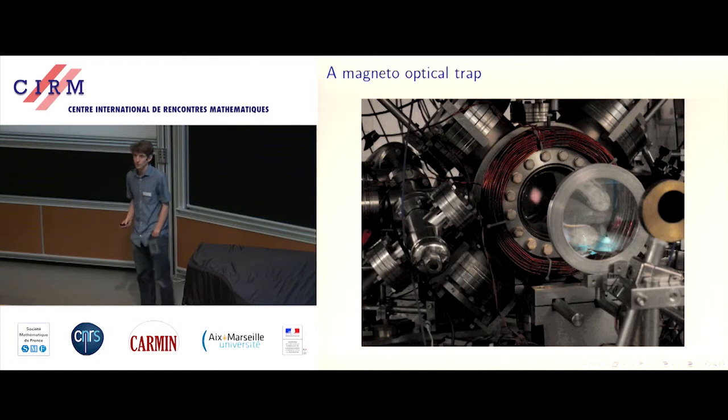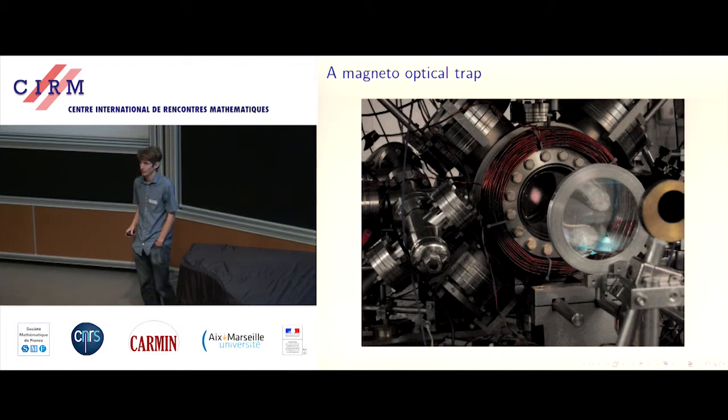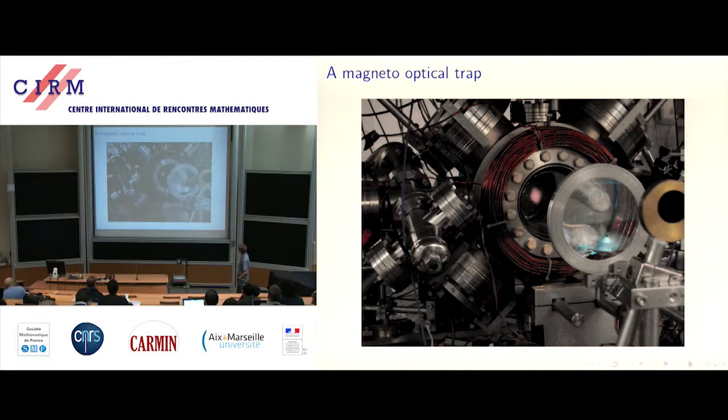So here's a big picture of this experiment. There is no scale, sorry about this, but it's a tabletop experiment, a big table maybe, but still not extremely large. To give you an idea of the scale, the important thing here is the small cloud, more or less reddish.